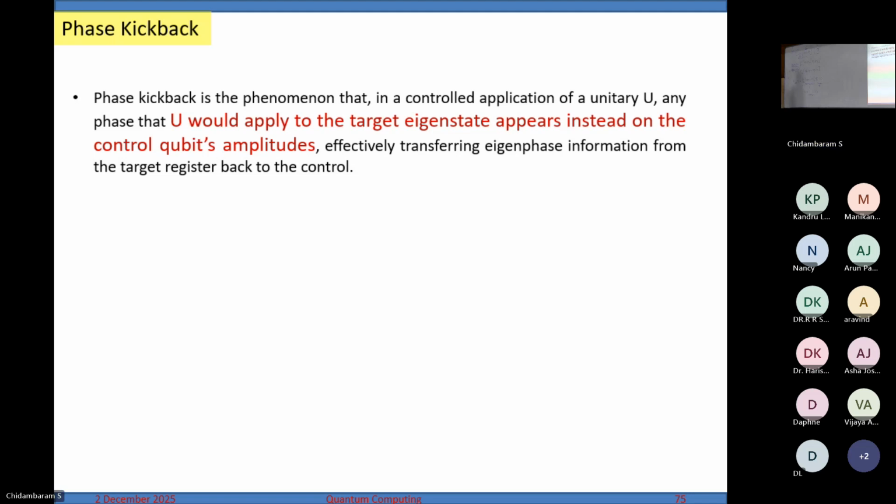I have directly written plus here. If I take 0 and apply Hadamard, I get plus.